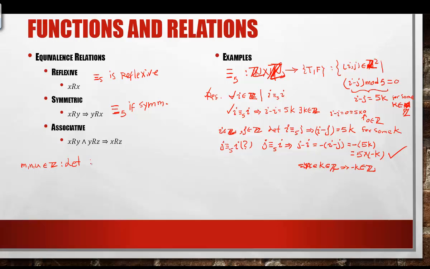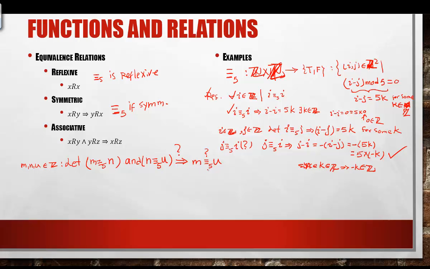We assume that m is in relation with n, and n is in relation with u, right? Then from here we want to see, is it the case that m, the first one of the 3, is in relation with u, the last one of the 3? Is that the case or not?